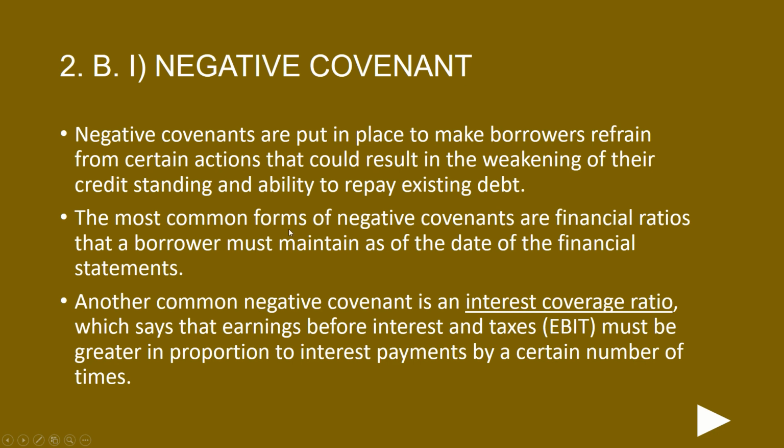The most common form of negative covenant is financial ratio that borrowers must maintain as of the date of financial statement. Another example for negative covenant is an interest coverage ratio. We say that earning before interest and tax must be greater in proportion to interest payment by a certain number of times.